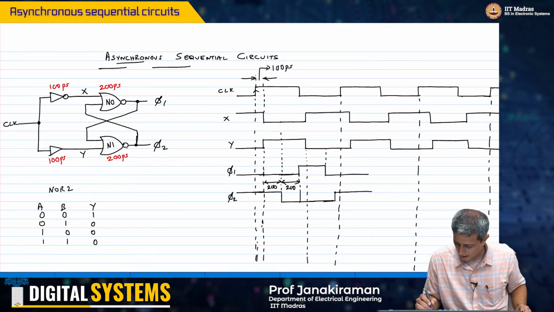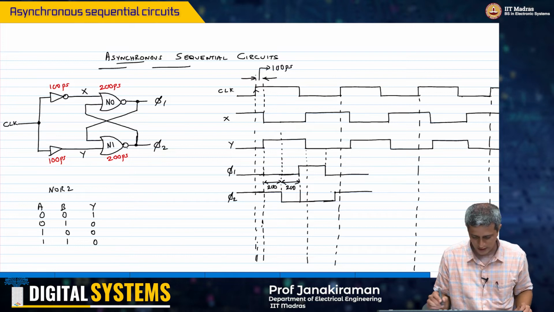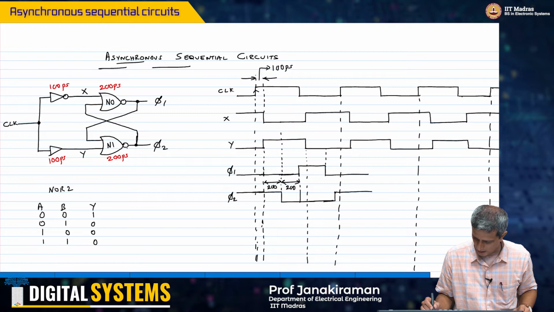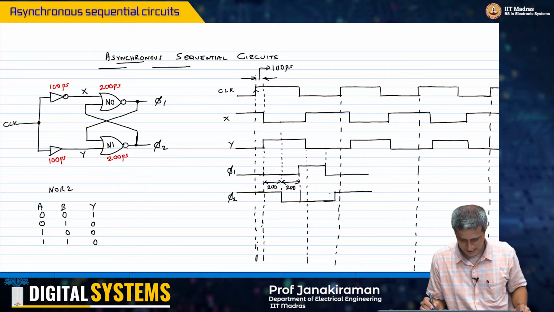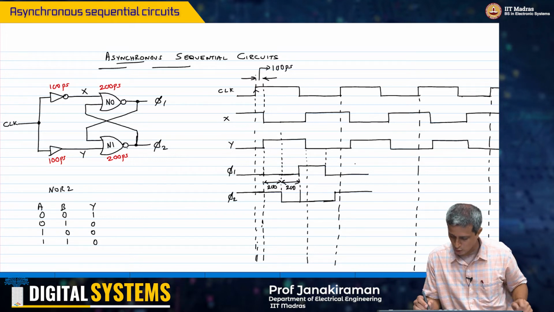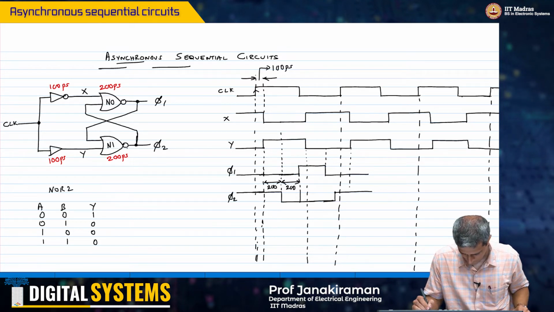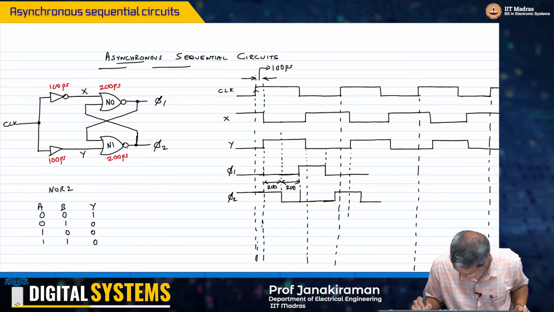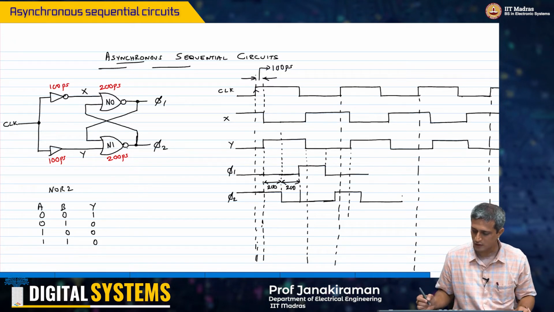And now let's see what happens to phi 2, right. So phi 2 has gone high, and at some point the input y will go high here, causing phi 2 to go low again after 200 picoseconds, and thereby you will get this kind of a thing.